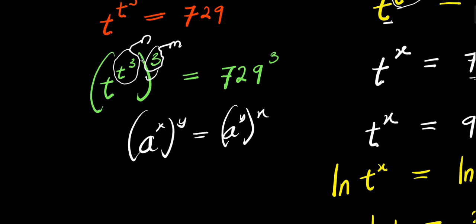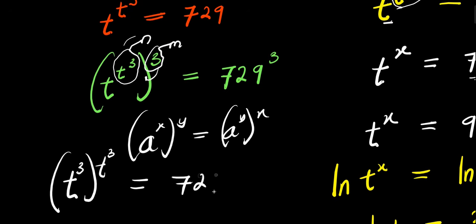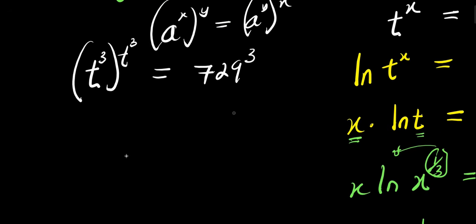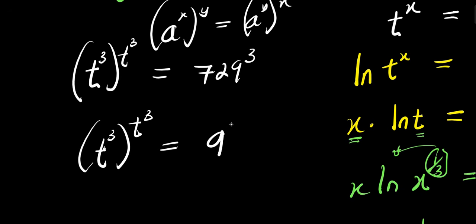That means we have t power 3 to the power of t power 3 equals 7 to 9 power 3. So from here, t power 3 to the power of t power 3 equals 7 to 9, like I said earlier. It's 9 power 3, that is 9 times 9 times 9, and this is raised to the power of 3.